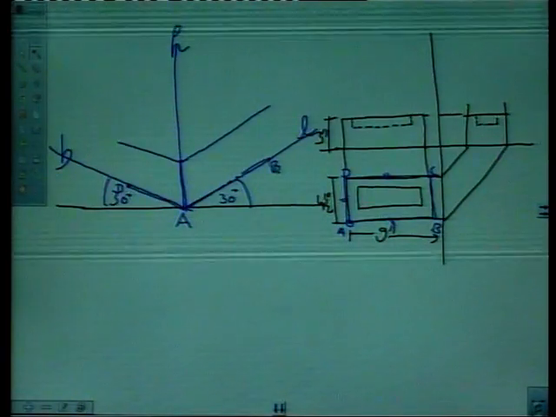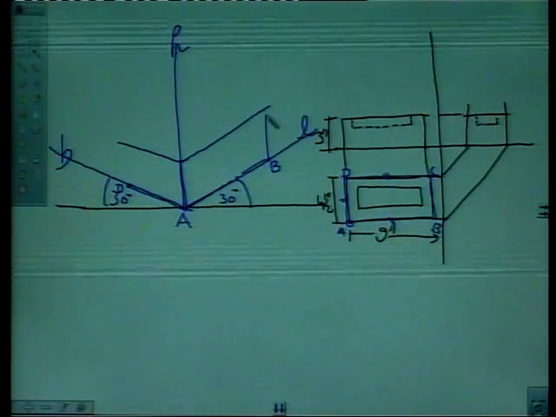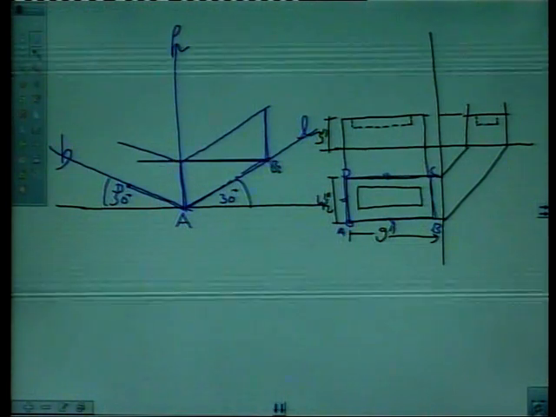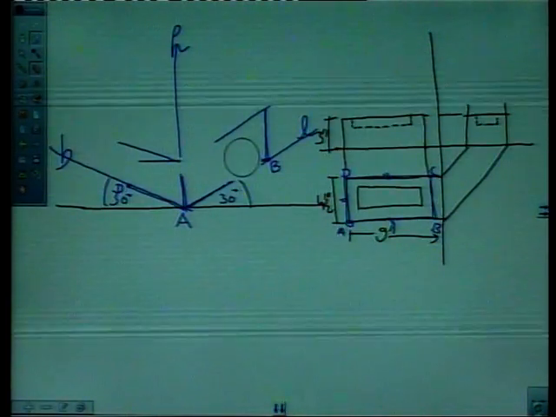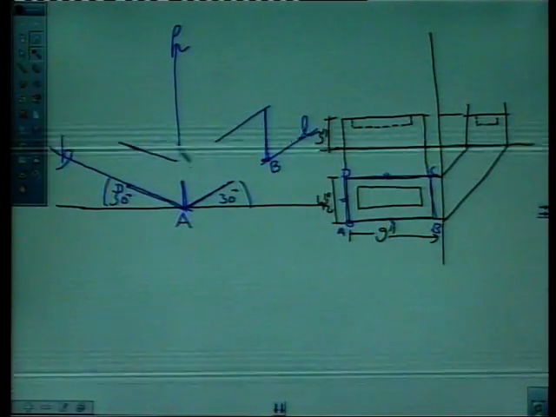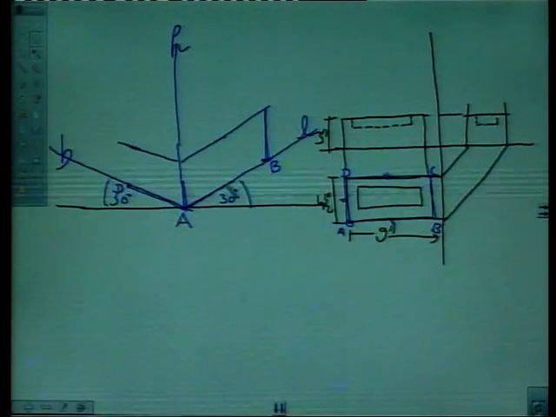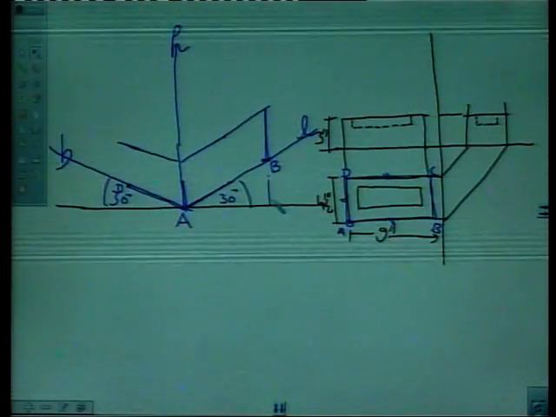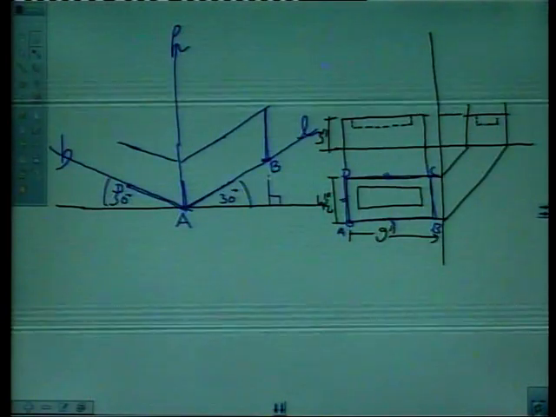Now, draw vertical line with the help of T square and set square like this. This line is drawn vertically with the help of T square and set square, right? This line is drawn with the help of T square and set square, which is actually making 90 degrees with this line. This line is vertical, so it will remain vertical.